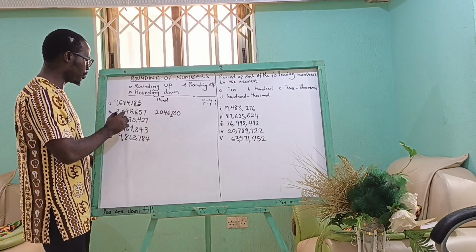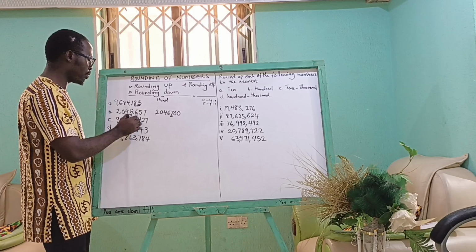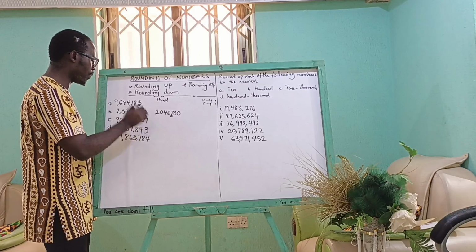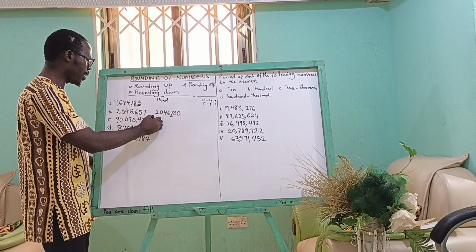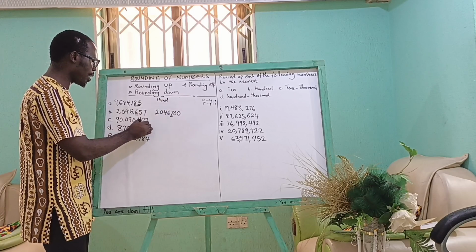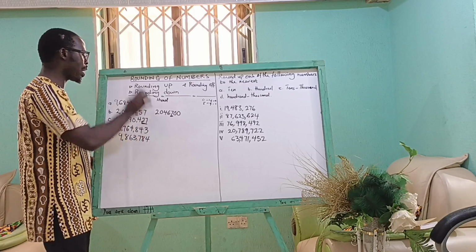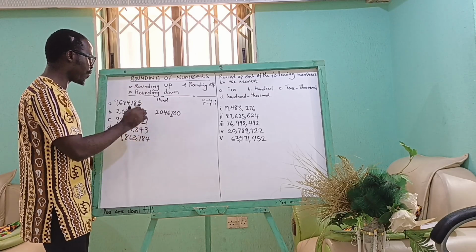Let's consider this one too. 90,090,427. All right, that is 90 million. So quickly, the nearest 100, we are looking at these last two numbers and we are estimating upwards. So this 4 will now become 5.